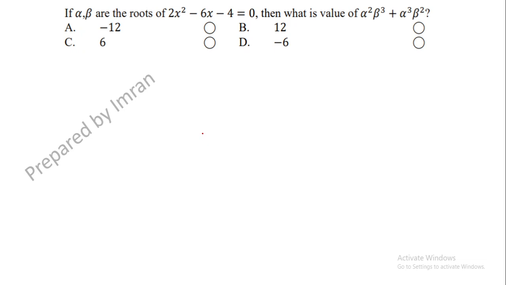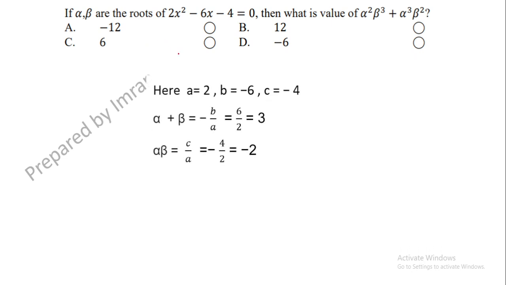If alpha and beta are the roots of this equation, what is the value of this one? Because these are the roots, find out what a, b, and c are. Sum of the roots you will have this one, product of the roots you will have this one. Whatever value you have to find, you must express in the form of alpha beta and alpha plus beta. Why?